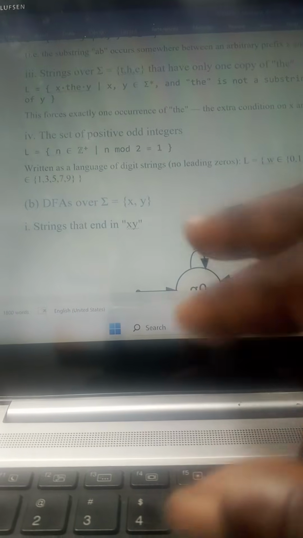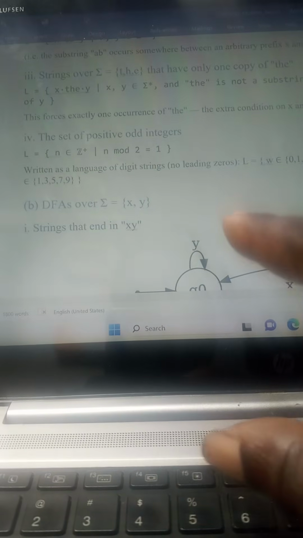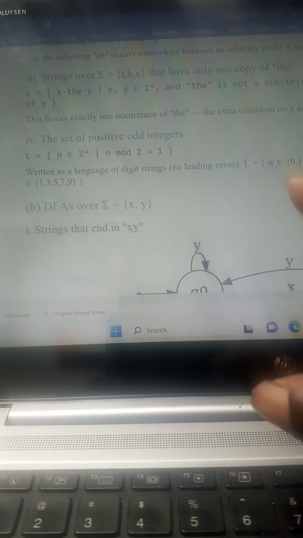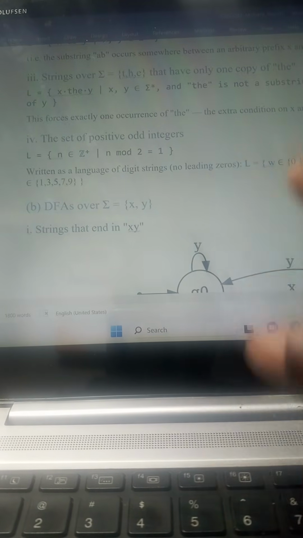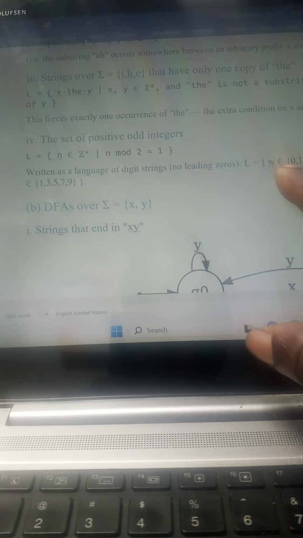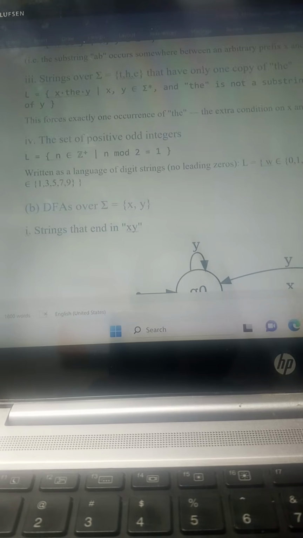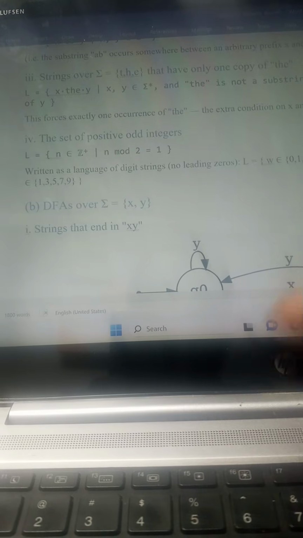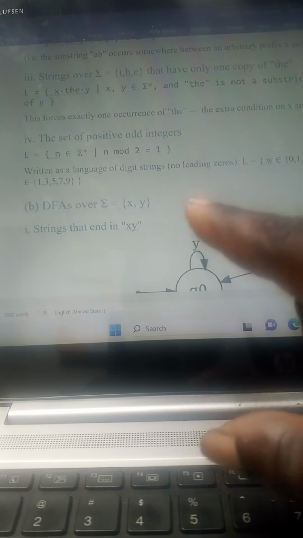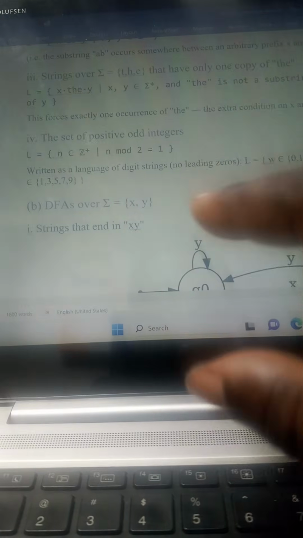You can see that 0 is not part, and such that n mod 2 is equal to 1. So it is written as a language of decimal strings with no leading zeros, like I said, positive odd integers. The language is W is a member of 0, 1 up to 9 star, such that W has no leading zero, and the last symbol of W is an odd digit.